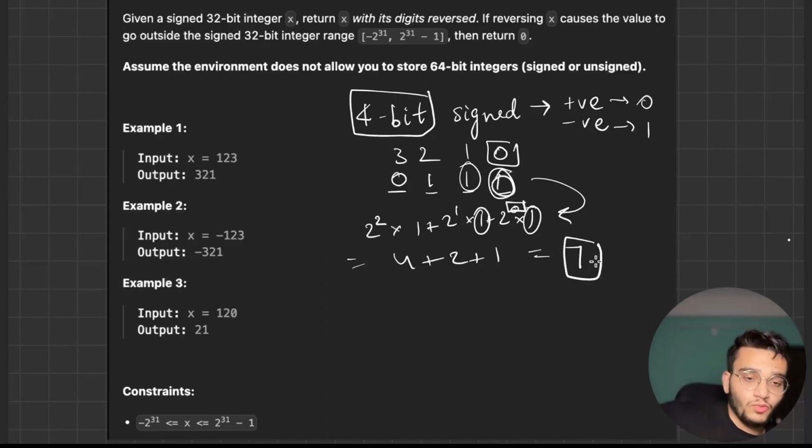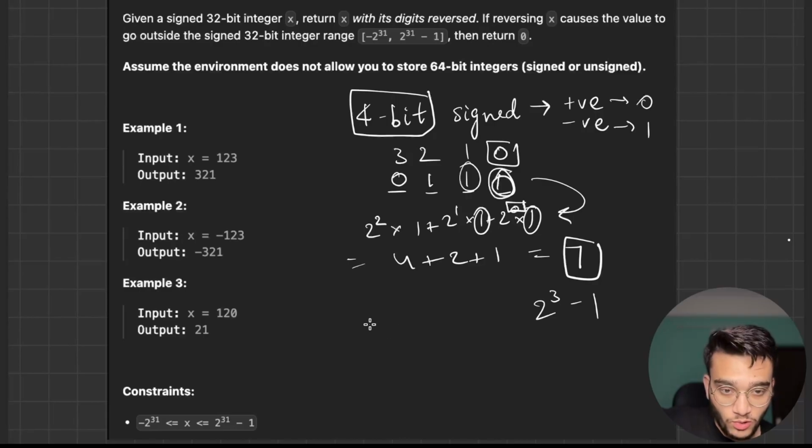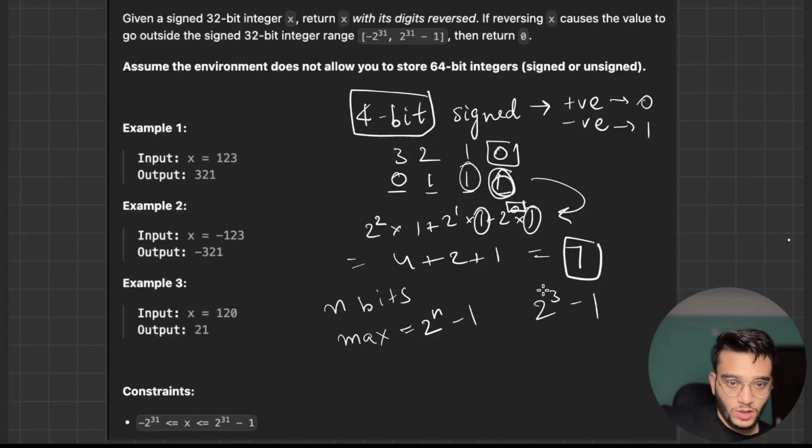Which is actually equal to 2 to the power 3 minus 1. So as a general rule, if n bits are being used to represent the magnitude of some integer, then the maximum value would be equal to 2 to the power n minus 1.